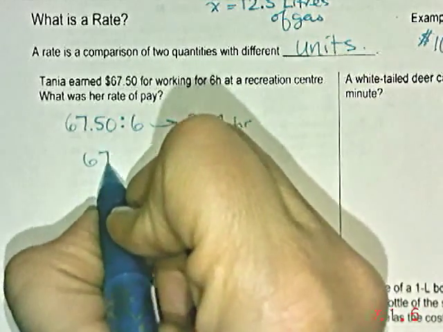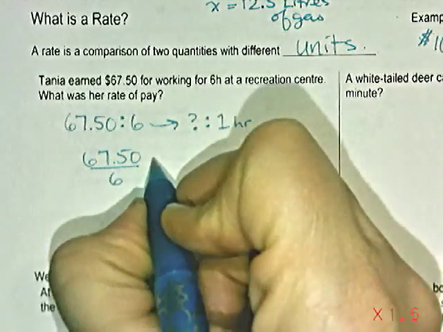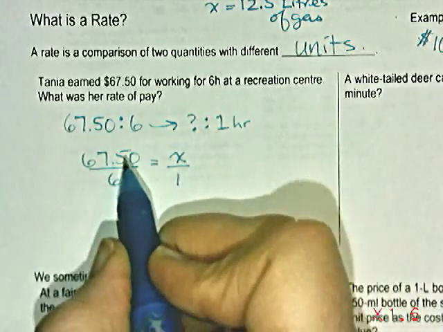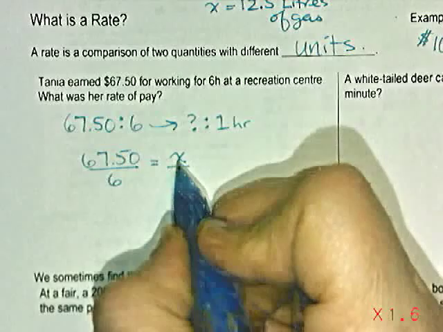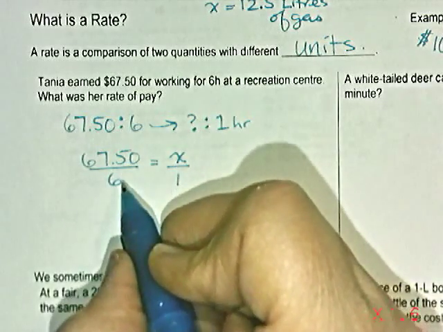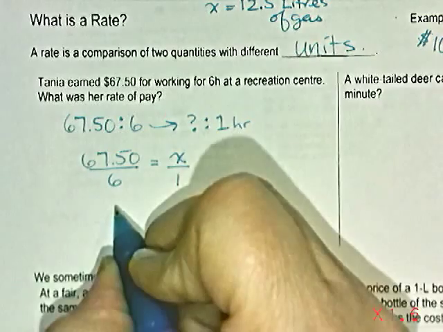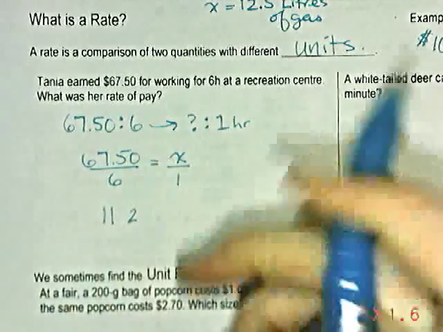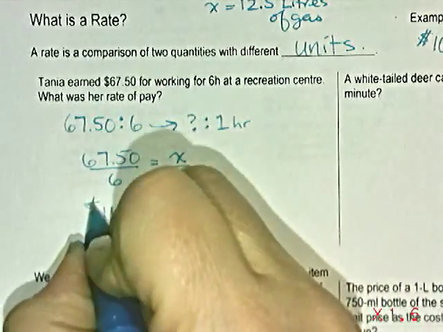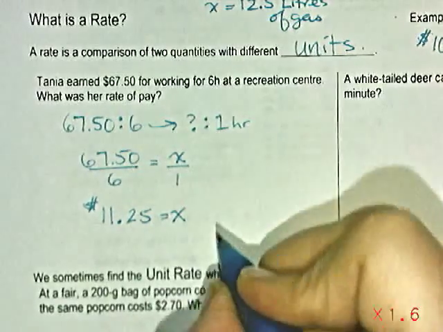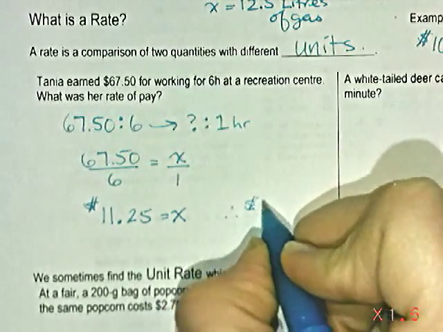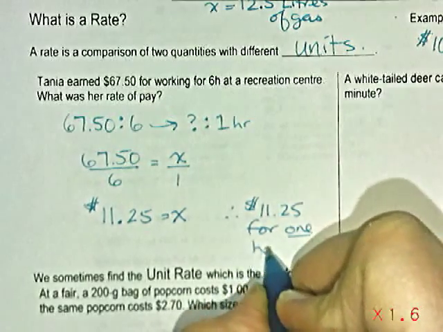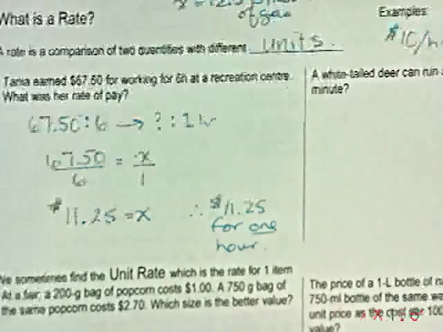Well, if we have $67.50 divided by 6 hours being some mystery value over 1, of course when I multiply that 1 up, I'm left with my variable, and $67.50 divided by 6, we would get an hourly rate of $11.25. So $11.25 for 1 hour. That is her rate of pay.